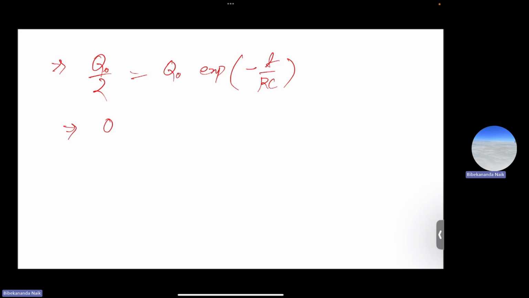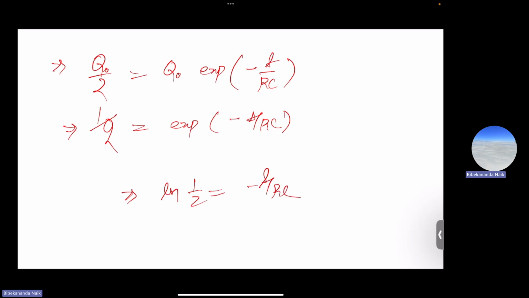That implies 1 by 2 equals exponential minus t by RC, or ln 1 by 2 is minus t by RC, or ln 2 is t by RC, or t is ln 2 into RC.